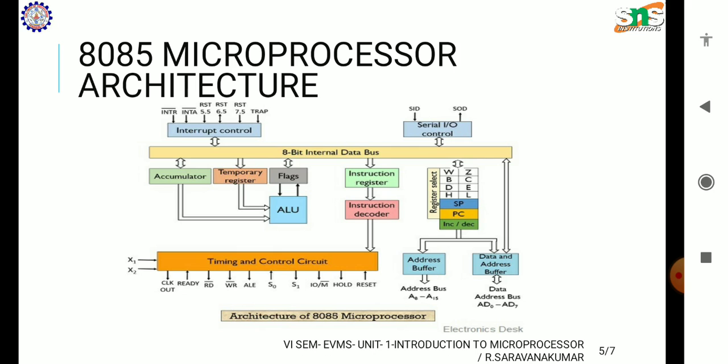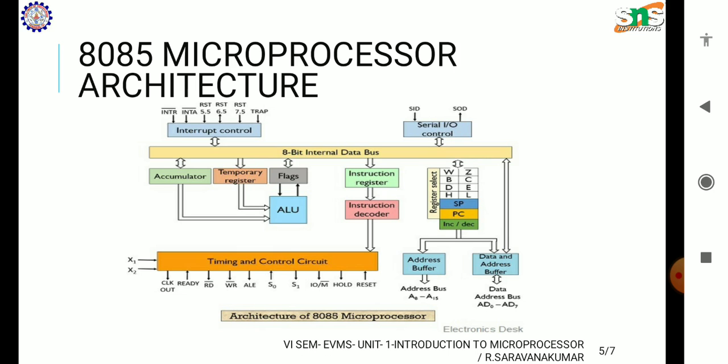Finally, the 8 bits are segregated as W, Z, B, C, D, E, H, L. These are the registers in which the input values are stored by means of bits.